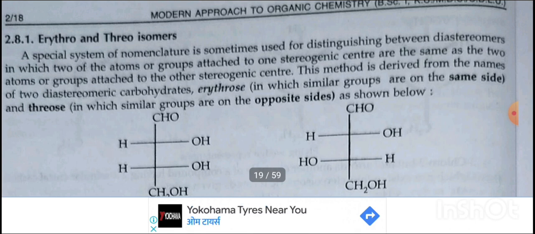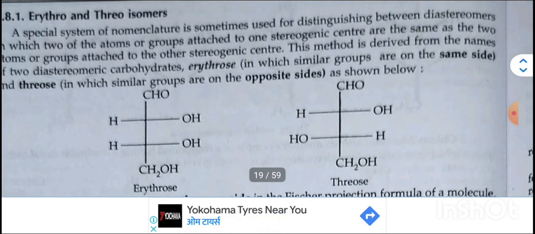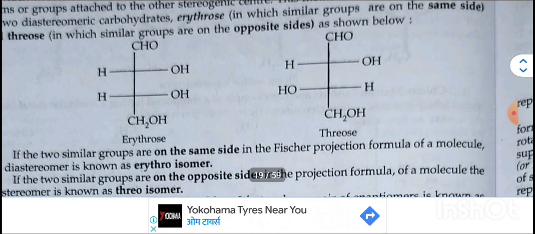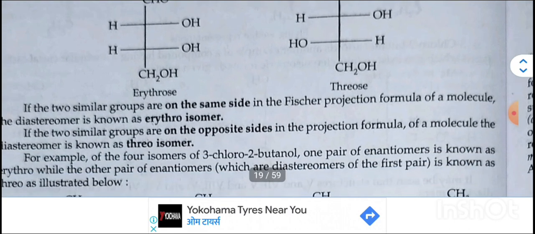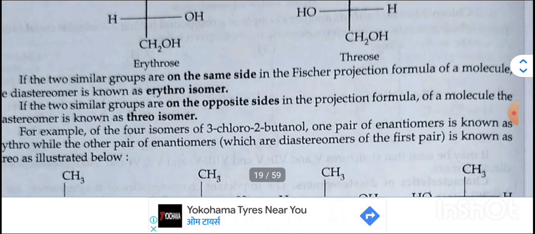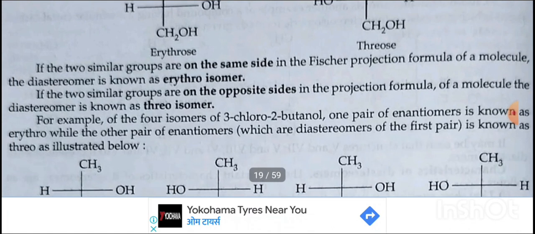The method is derived from the names of two diastereomeric carbohydrates, erythrose, in which similar groups are on the same side, and threose, in which similar groups are on opposite sides. If two similar groups are on the same side in the Fischer projection formula of a molecule, the diastereomer is known as the erythro isomer.